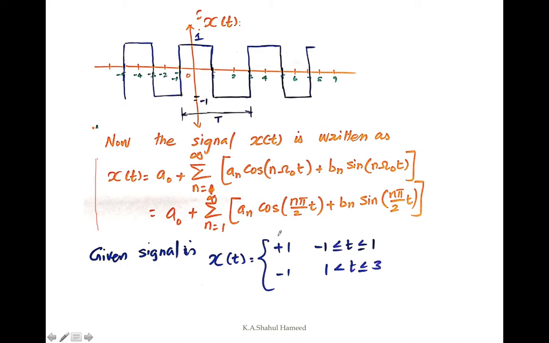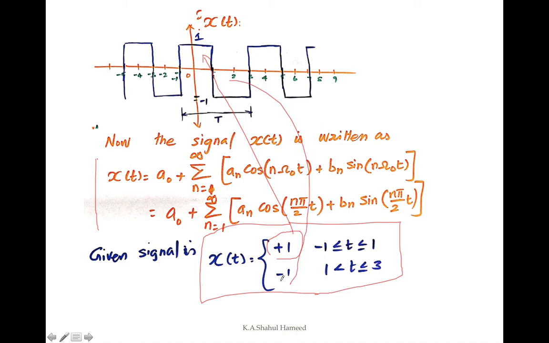Okay, now the mathematical expression for the given signal, from the graphical representation, is x of t is equal to plus 1 during the interval minus 1 less than or equal to t less than or equal to 1, and minus 1 during the interval 1 to 3.